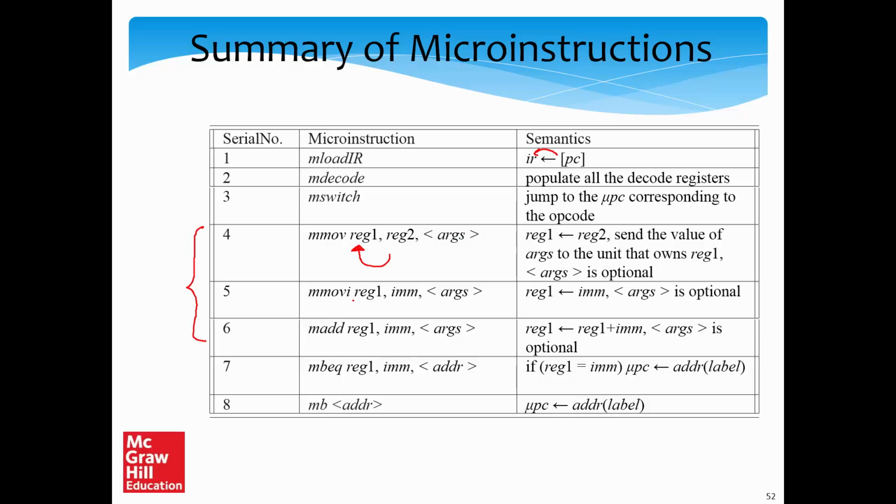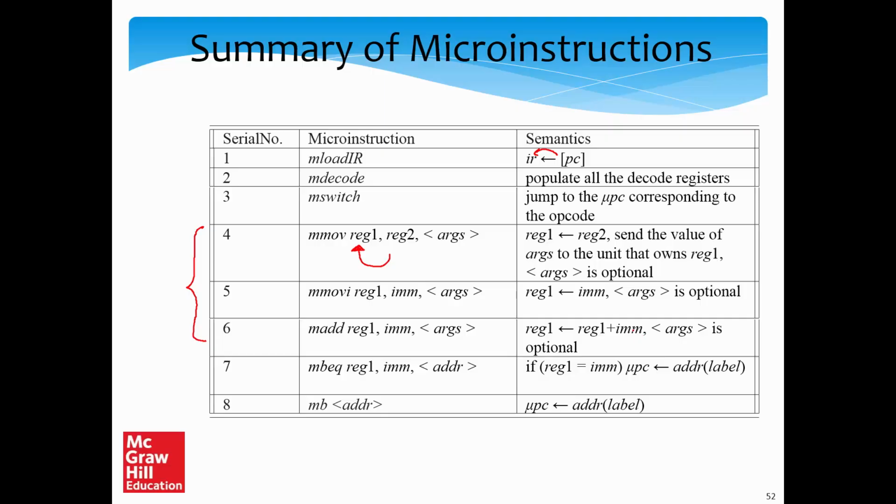Similarly, we have the mmove I instruction, which moves an immediate to a register. Here also args is optional, but it works in exactly the same manner, where args is sent on the bus and the unit that owns reg1 ends up processing it. We have madd, which does the same thing. It sets reg1 as reg1 plus the immediate.